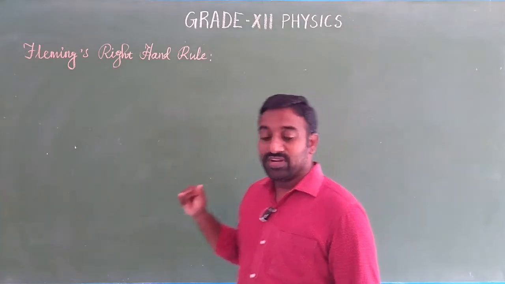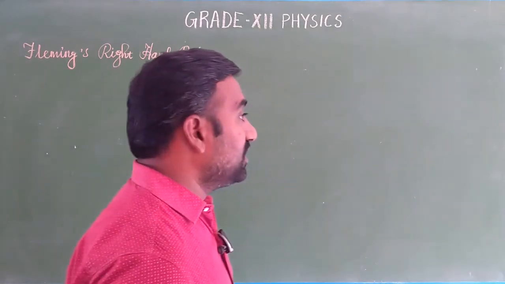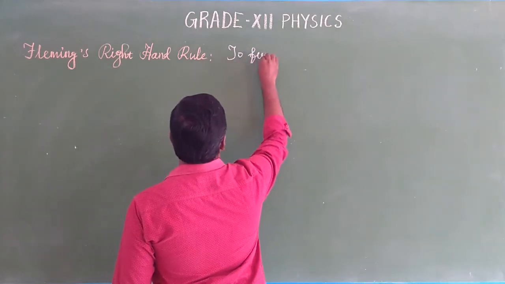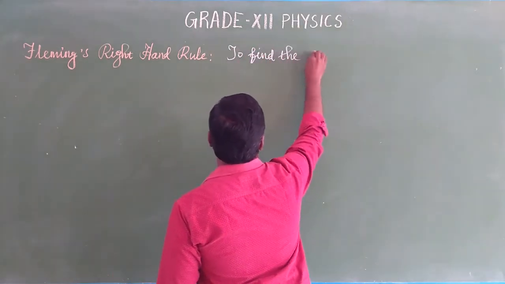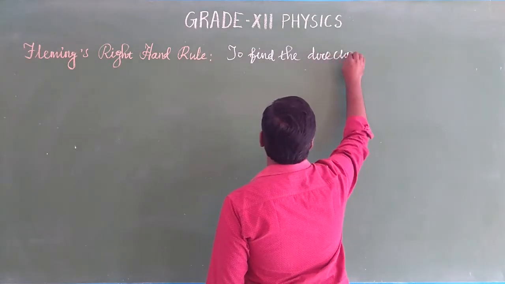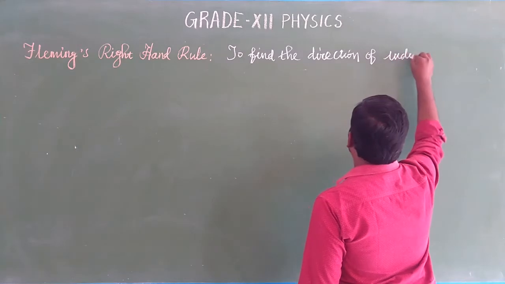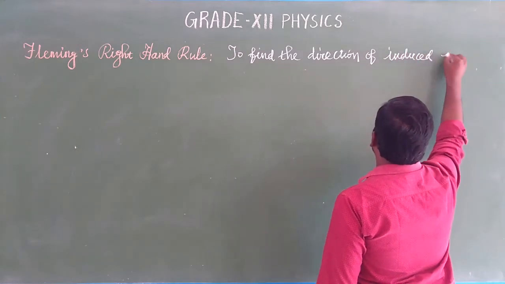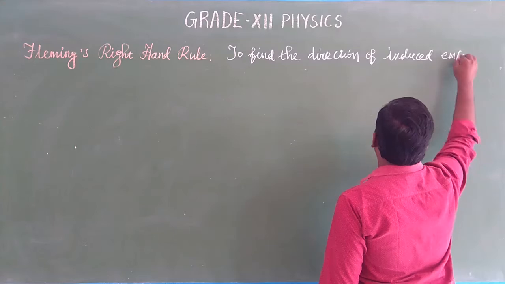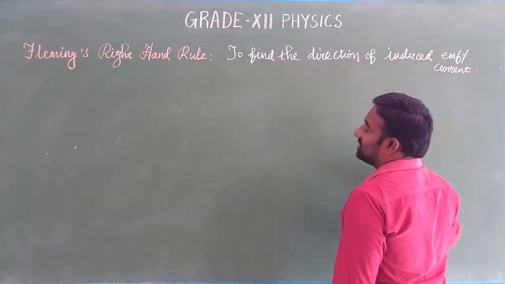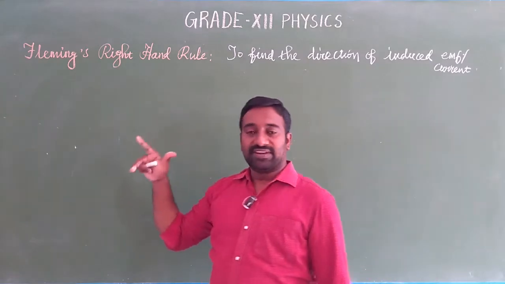The right hand rule is used to check the induced EMF, that is, to find the direction of induced current or induced EMF. According to this right hand rule, this is our right hand.